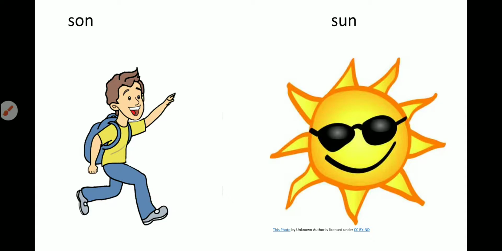Her son is always smiling. The woman's son is too playful. So that son is spelled S-O-N. The second sun is spelled S-U-N.